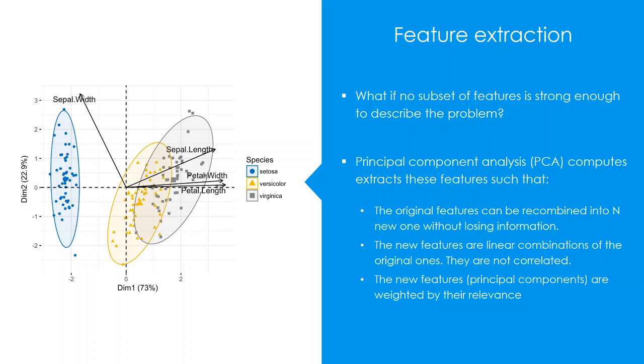So we can know to what extent those components are different from each other and the amount of information they represent. Okay, like for example, here you can see that the first dimension, which is the principal component, includes 73% of the whole variance, while the second dimension, which is the second component, includes almost 23% of the variance in the data set. Okay.